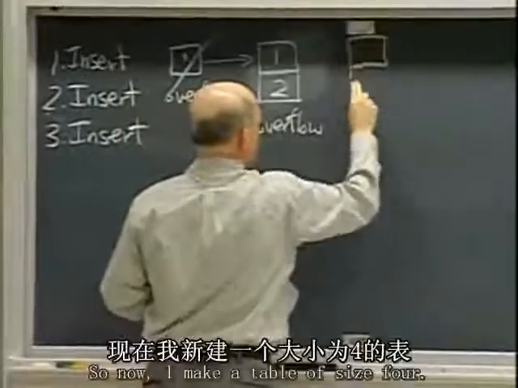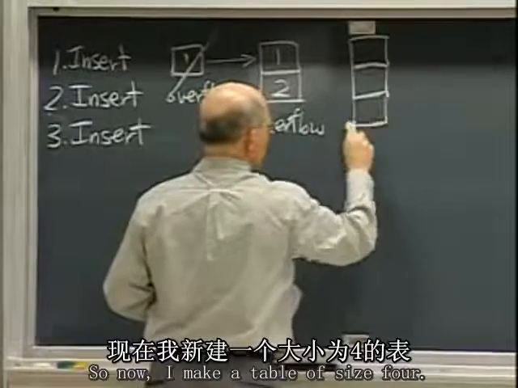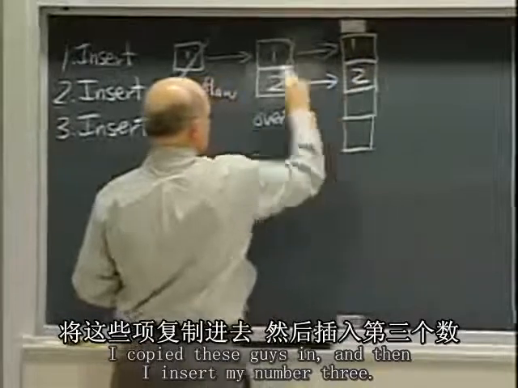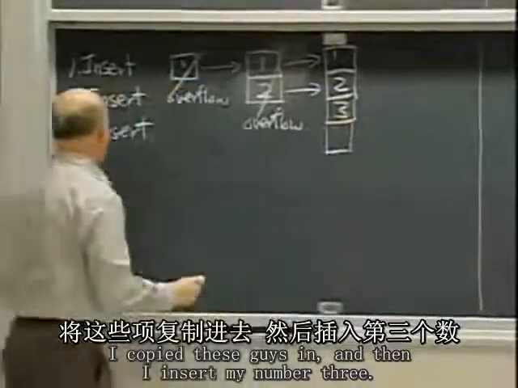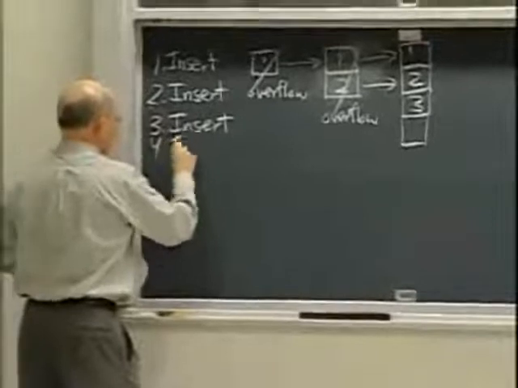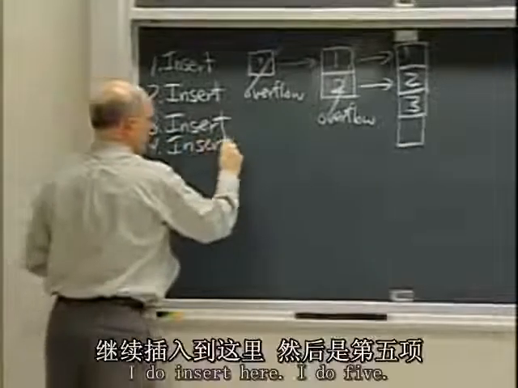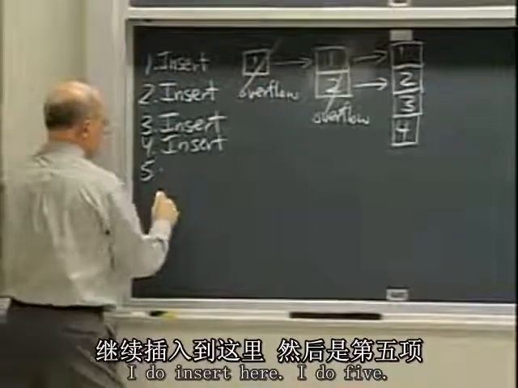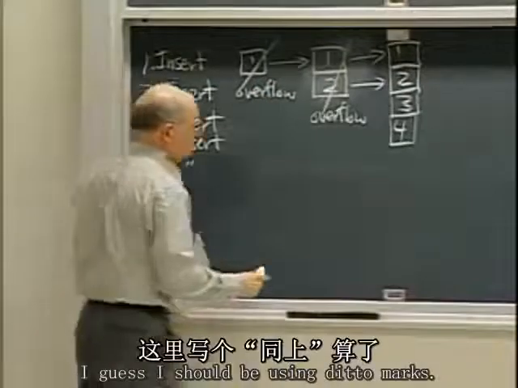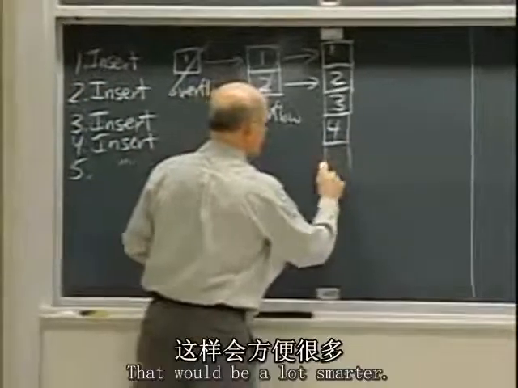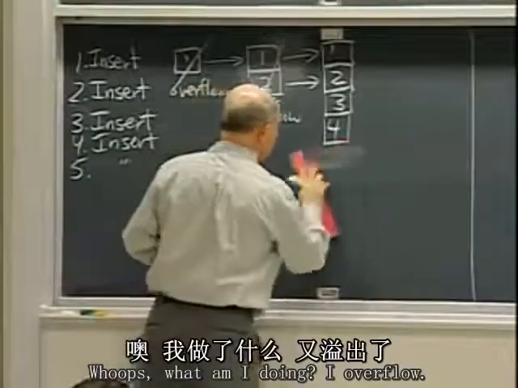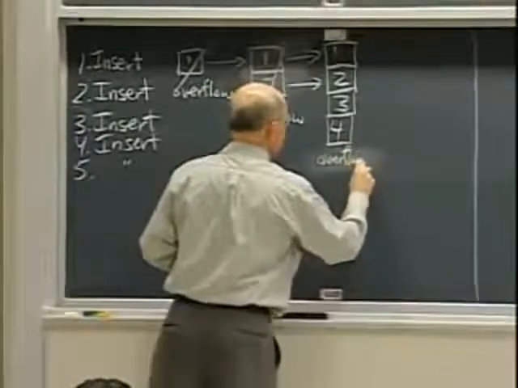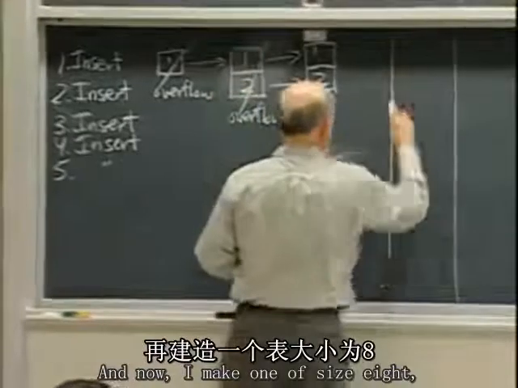So now I make a table of size 4. I copy these in, and then I insert my number 3. And we do insert here. We'll do 5. I guess I should be using ditto marks. That'd be a lot smarter. Whoops, I overflow. So now I make one of size 8.